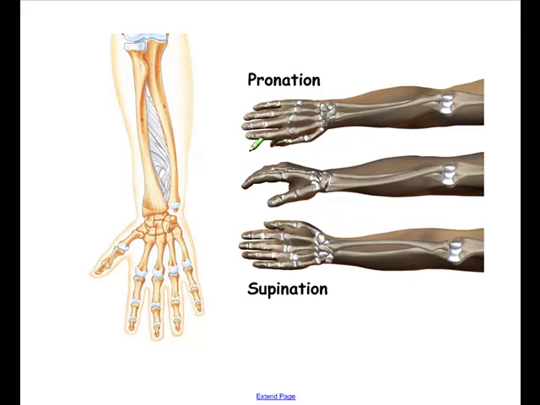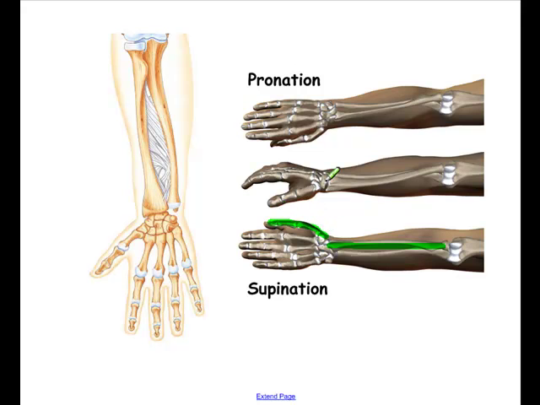Now, before we go back to look at the actual hand, we're going to take a look at the way the forearm rotates along an axis, and that is possible because of the way the 2 bones of the forearm interact and cross over each other during the actions of supination and pronation. If we look at the act of supination, which is the palms up position, which again is the anatomical position, the radius is always on the outside, and the radius down at the hand always attaches to the wrist on the thumb side.